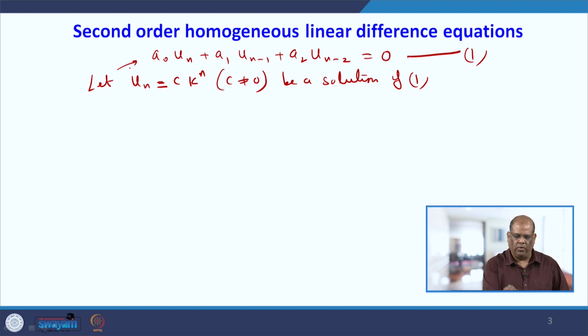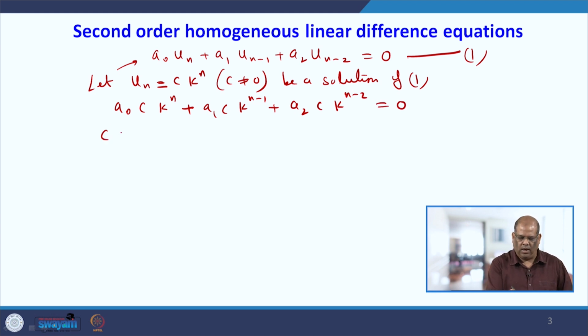So, you substitute it here and you will get a0 c k to the power n plus a1 c k to the power n minus 1 plus a2 c k to the power n minus 2 equal to 0.